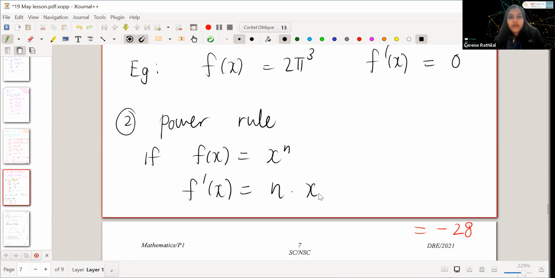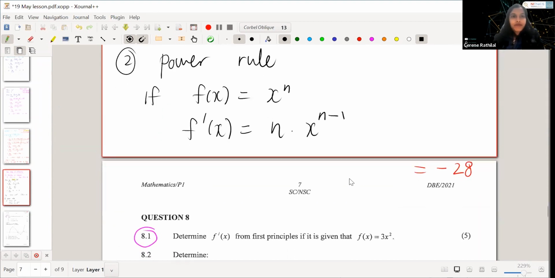You then multiply to the variable x. And what we do is we adjust what was in the power. So we put the n down, but we then subtract 1. So we have 1 less in the power. So that's what we've got.